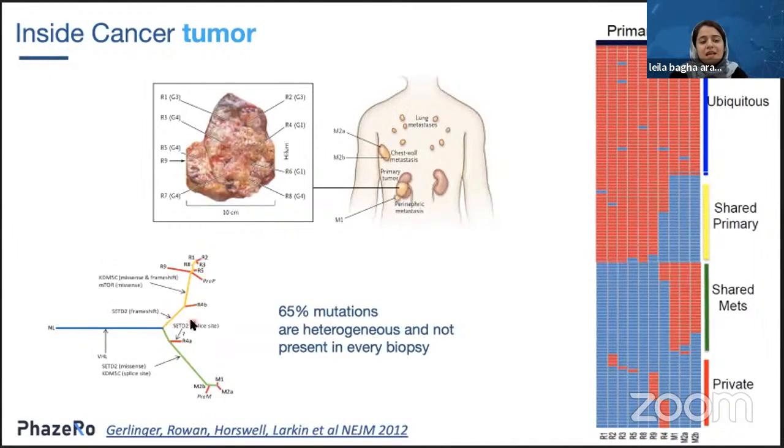And there is a common trunk, where the mutations are the same in the primary and the metastasis area, which is called here, for example, VHL. If we design a drug to kill the cells with this kind of mutation, all of the cancer cells in the body of the human will be killed.